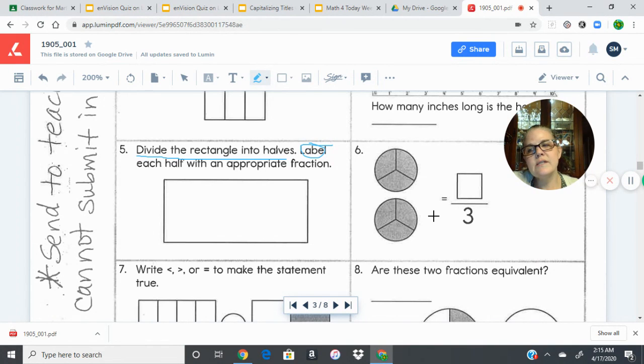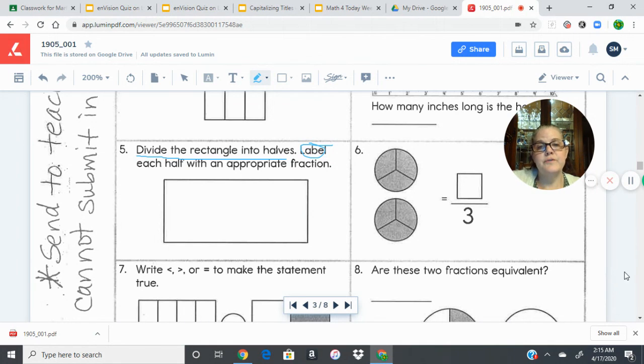On this one, I noticed I was grading Math for Today from last week, and I noticed that several people are still having some trouble with this one. So what the denominator means is any shape that they're showing is broken up into 3 pieces. So we can see 1, 2, 3, 1, 2, 3.